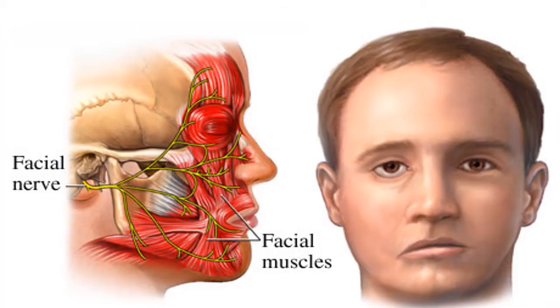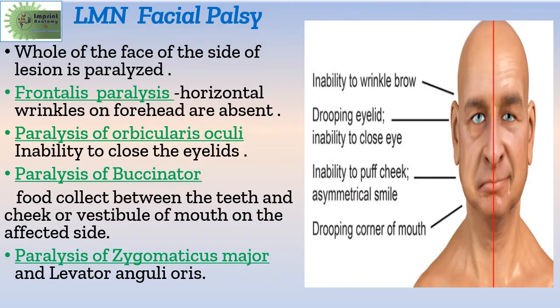If a lower motor neuron lesion occurs, the same side of the facial muscles is paralyzed and the patient shows an asymmetric face. In case of lower motor neuron facial palsy, the whole face on the side of the lesion is paralyzed.